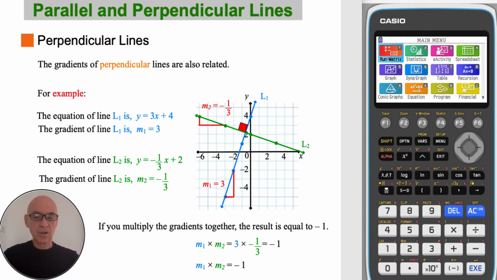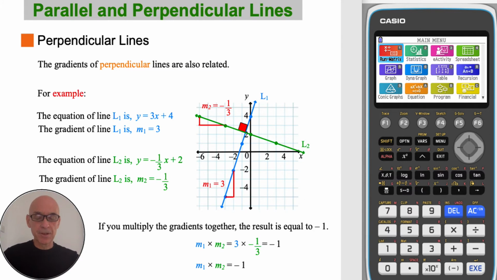The equation of line L2, the green line, is y equals negative 1/3 x plus 2. The gradient of this line, m2, is equal to negative 1/3, shown here in the diagram. The two lines are at right angles, so they are perpendicular.